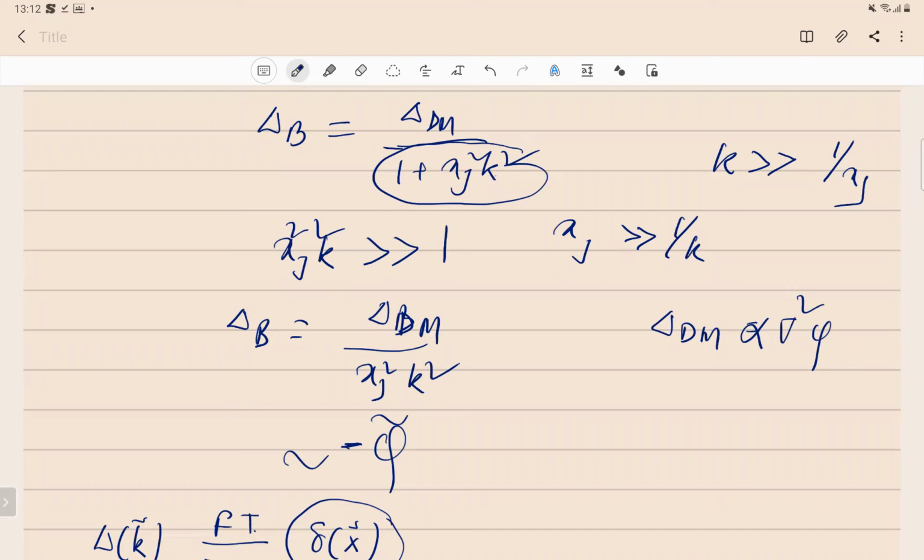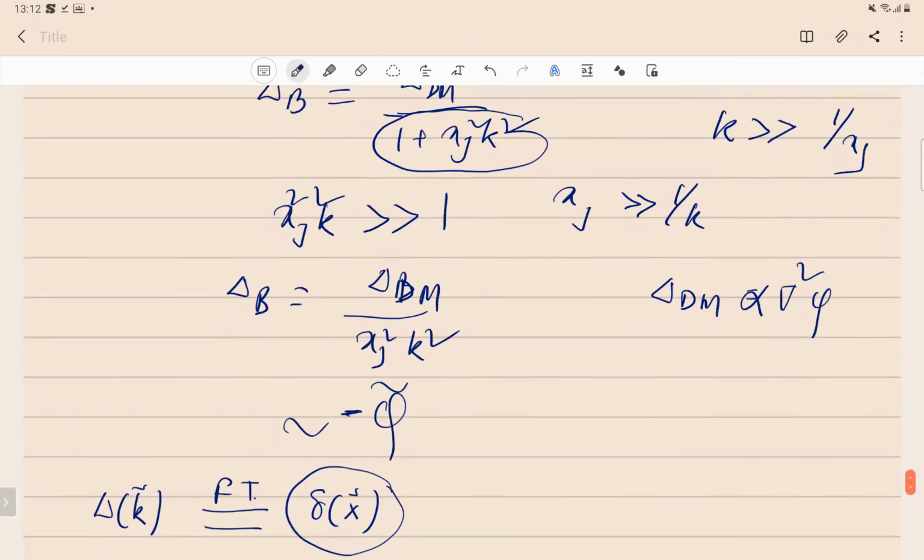On small scales, of course, it is wrong to use this because the physics of x_J, of the Jeans process, has to be brought in. But at least in this analysis, we can immediately see that on very small scales, this x_J squared k squared, the k is very large now. So the 1 can be dropped, and you have delta_B is then delta dark matter divided by x_J squared k squared, so this is small scale.